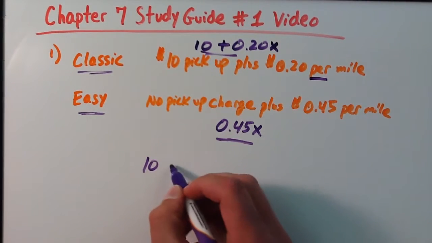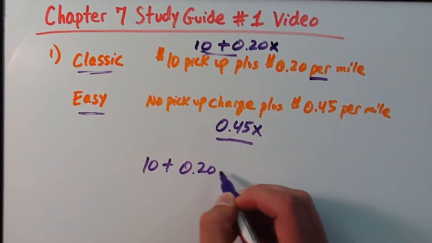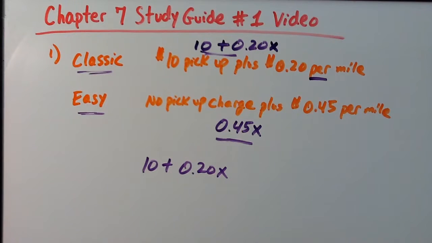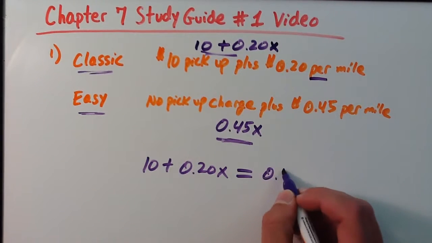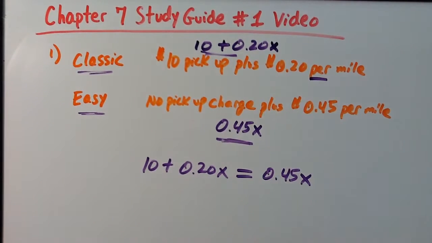So 10 plus 20 cents per mile, or 0.20x, is equal to the easy transfer shuttle, 0.45x. Okay, so we could use this equation and we could solve for x, and x would tell us the number of miles in which both shuttle costs would be the same. That's number 1. Letter C is the answer for number 1.